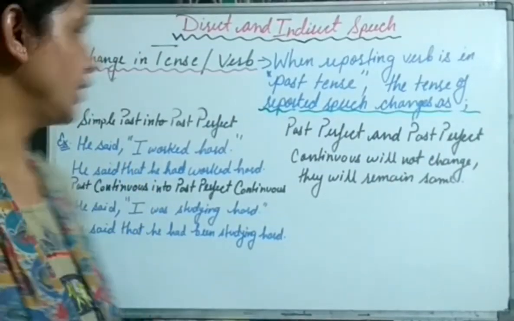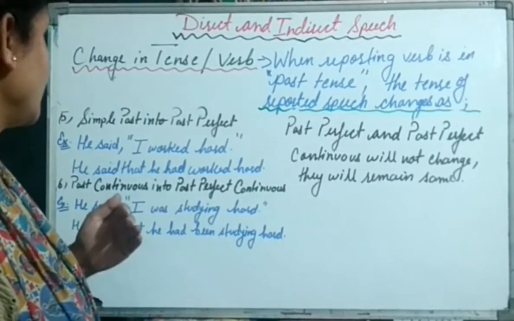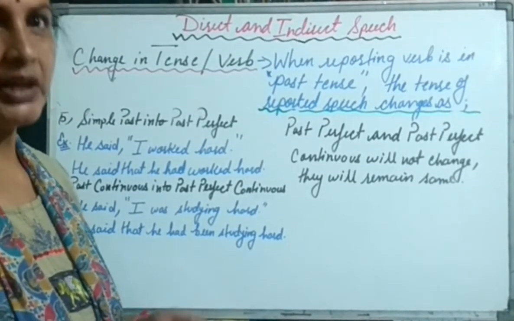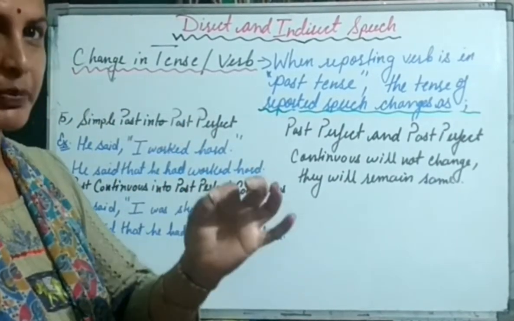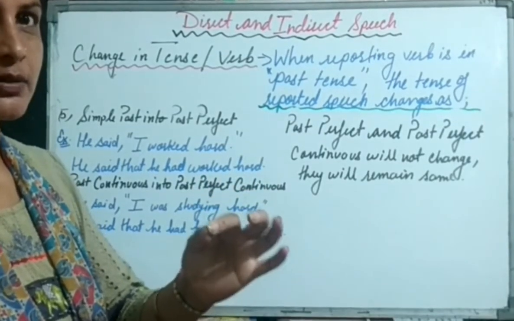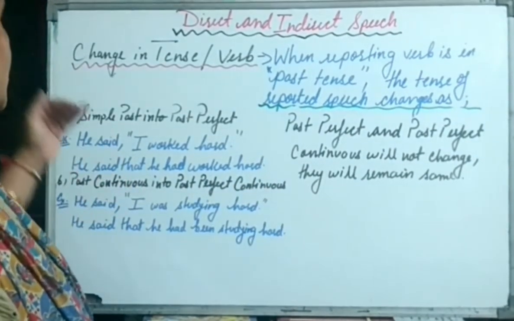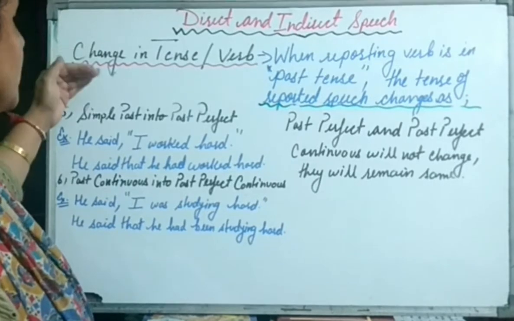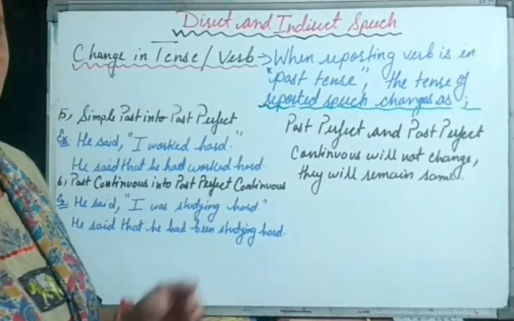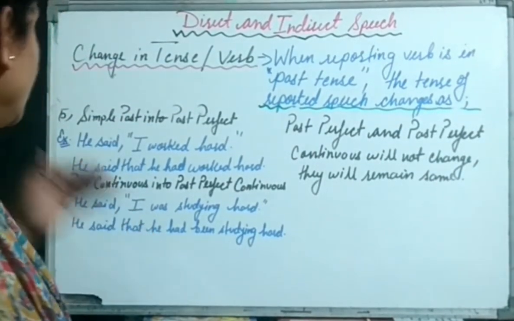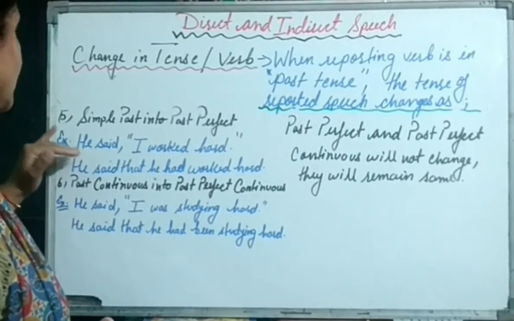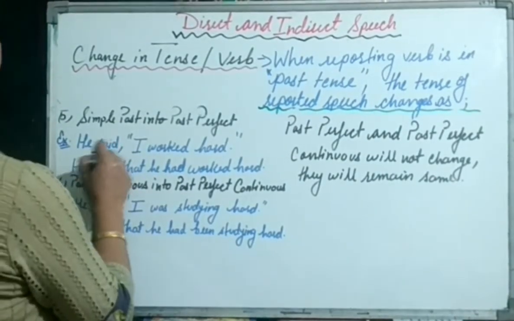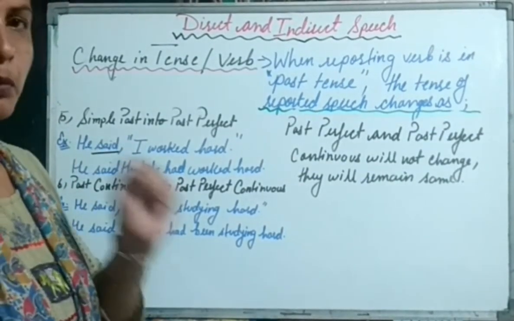Now the fifth condition: what happens if reported speech is in past tense? If there is simple past, it will change into past perfect. Let us see this example. He said, again we are going to focus on the reporting verb.